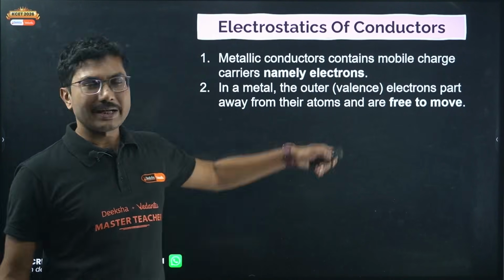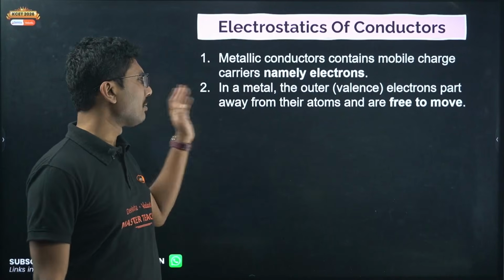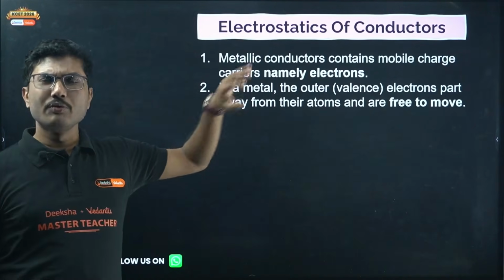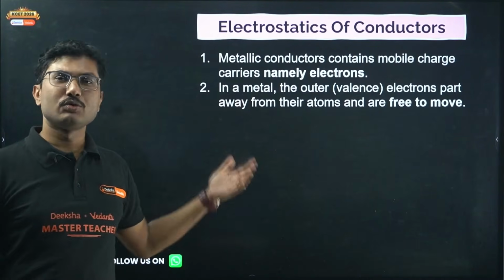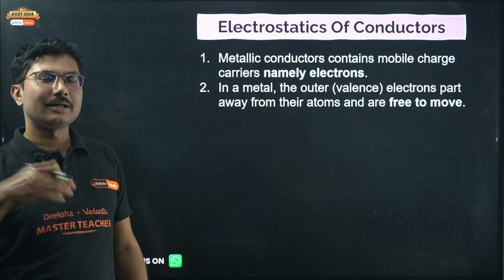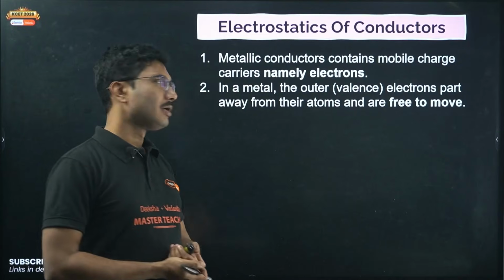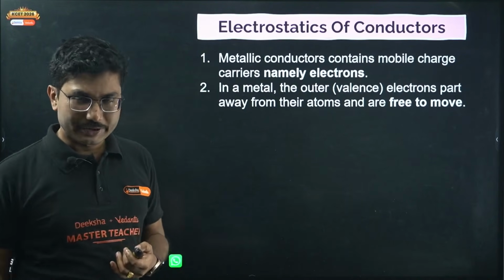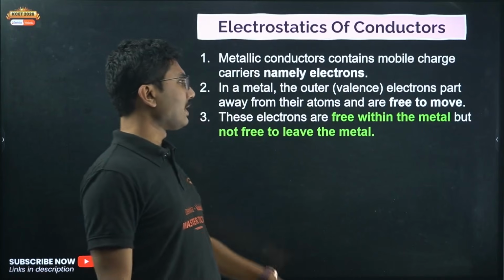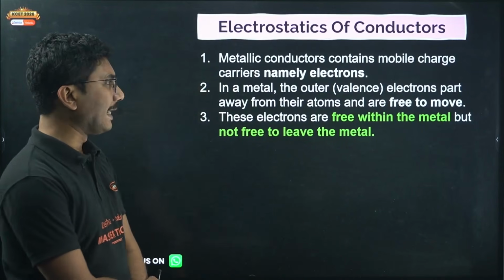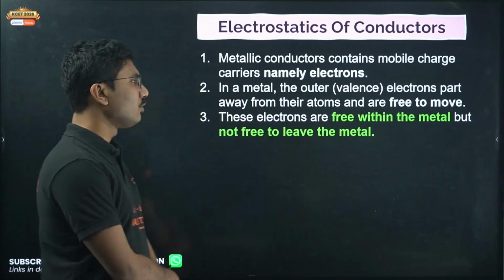In the semiconductor chapter we will study a little bit more about it. So valence electrons do not come out of the metal, but they move from the valence shell to the conduction shell and form the conduction band. And in the conduction band, the electrons present are free to move. These electrons are free within the metal but not free to leave the metal.